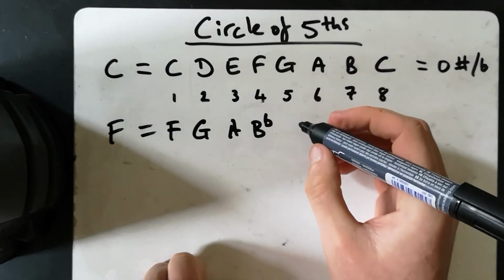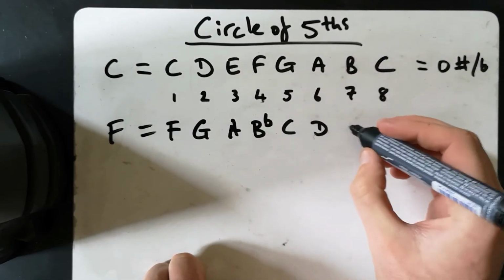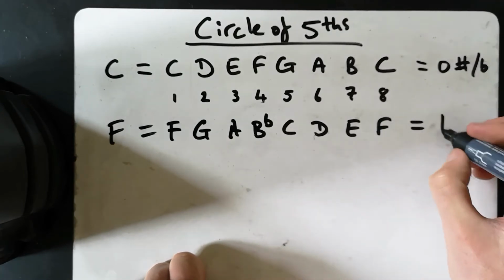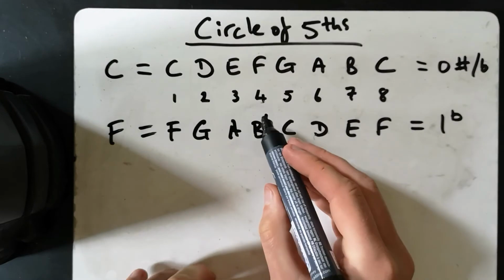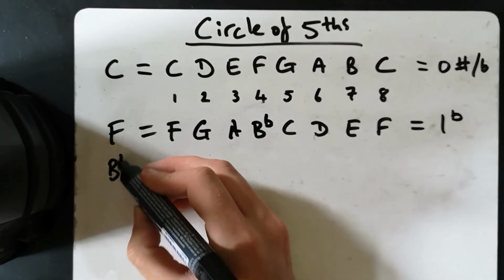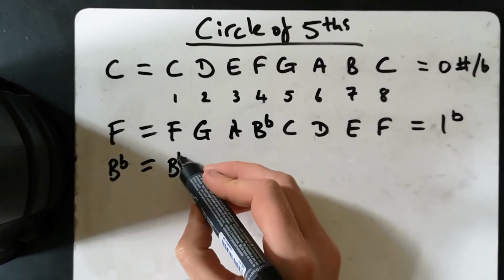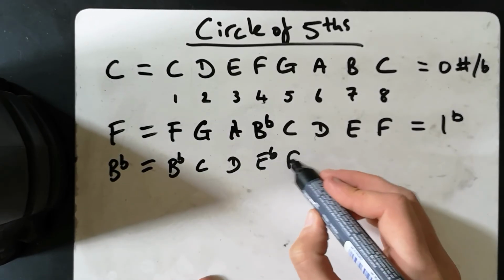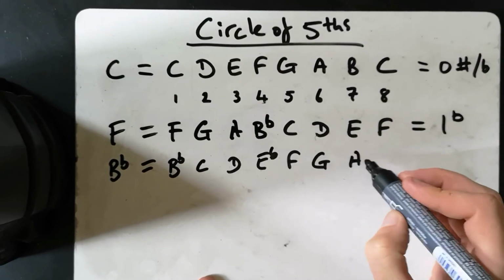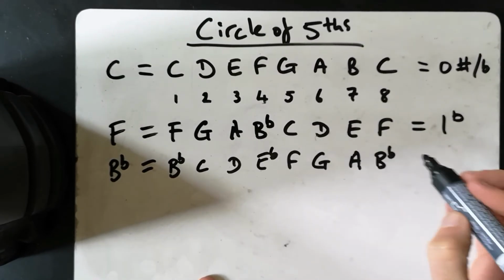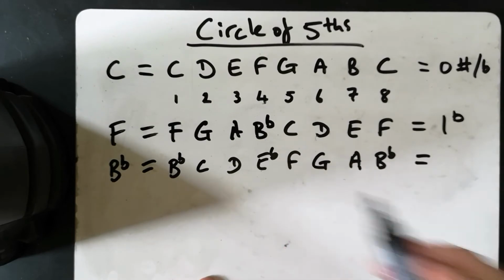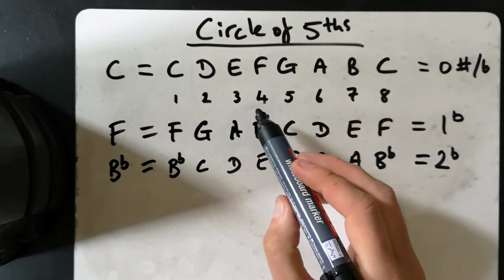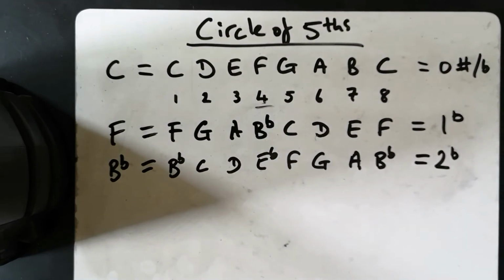Not A sharp, it should be B flat. C, D, E, and then I go back to F again. And I've got 1 flat note. If I then work out the 4th degree of that, B flat, it's the same thing. B flat, C, D, E flat, F, G, A, and back to B flat. Again, I've got 2 different flats in there. It's the same pattern, but this time on the 4th degree of the scale.